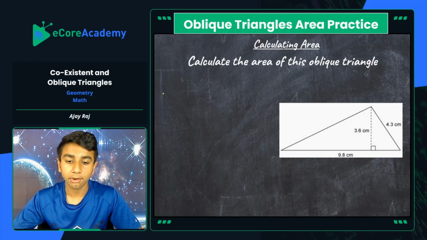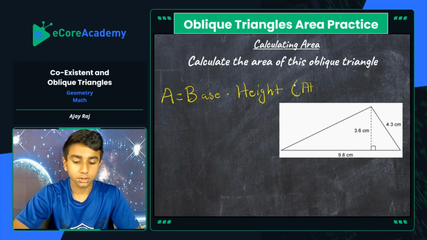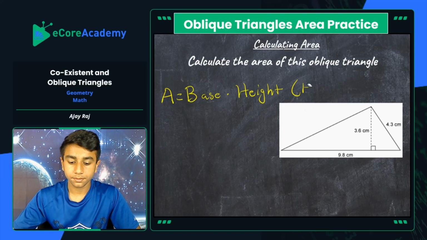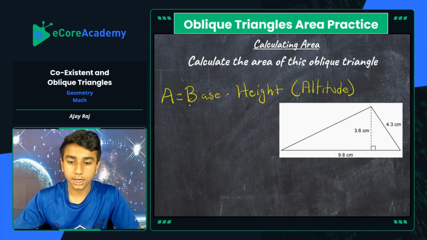So we know that the area formula for a triangle is area, which is represented by A, equals base times height, which is also known as the altitude, so I'll write that here, also known as altitude. And that's going to be divided by 2.